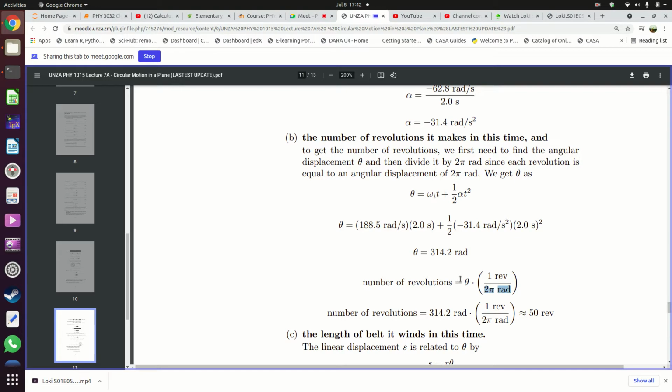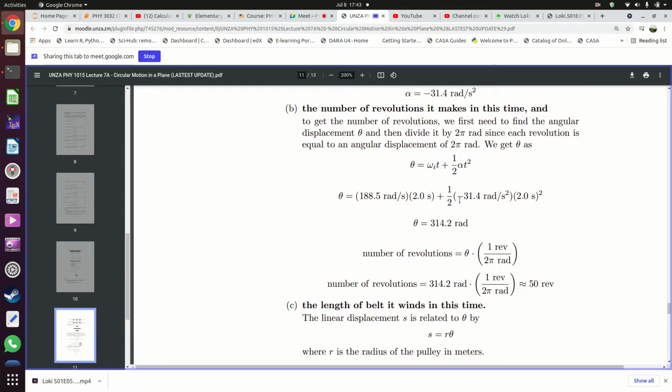In this case, our angular displacement is 314.2 radians times 1 revolution divided by 2 pi radians. Why are we doing this? We are multiplying with this factor so that we end up with revolutions and we cancel out the radians. When they cancel out, we end up with 314.2 divided by 2 pi multiplied by revolutions, so approximately 50 revolutions.